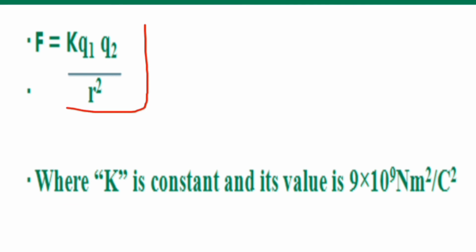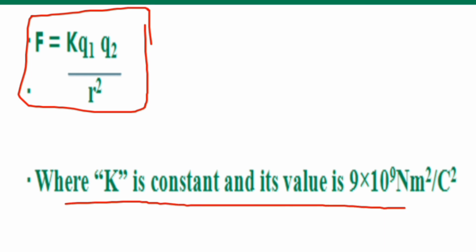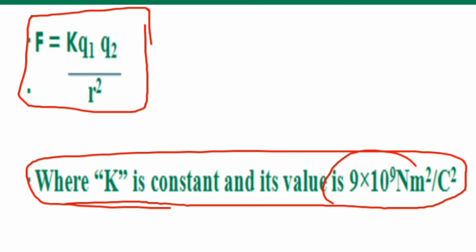So from the statement of Coulomb's law, we have derived a formula for the force of attraction or repulsion between the charges. F is equal to K Q1 Q2 upon R square, where K is a constant and its value is 9 into 10 power 9 Newton meter square per Coulomb square. You have to learn this value.